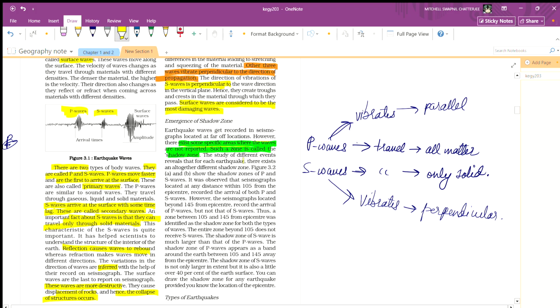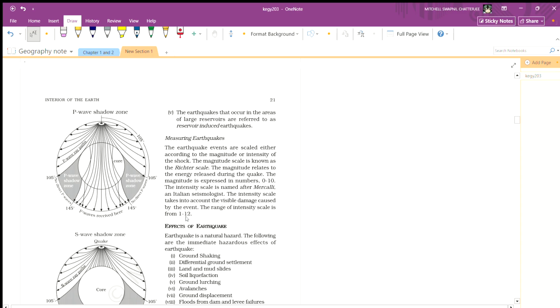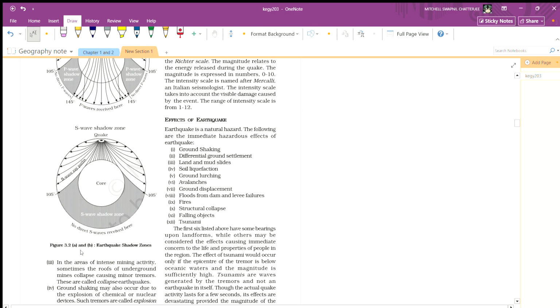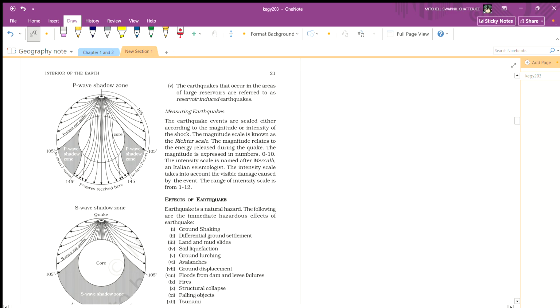The study of different events reveals that for each earthquake there exists an altogether different shadow zone. Different earthquakes have different shadow zones where the earthquake's waves do not get recorded. From figure 3.2, there is no direct P wave.